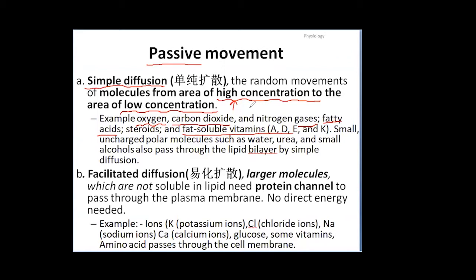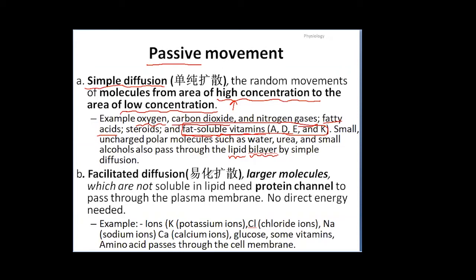We can move things by this way, simple diffusion. We are especially talking about fat soluble vitamins because the cell membrane is a double layer, and its fatty part, the lipid, means fat. So fat soluble vitamins pass easily, and other things pass because they're just smaller.